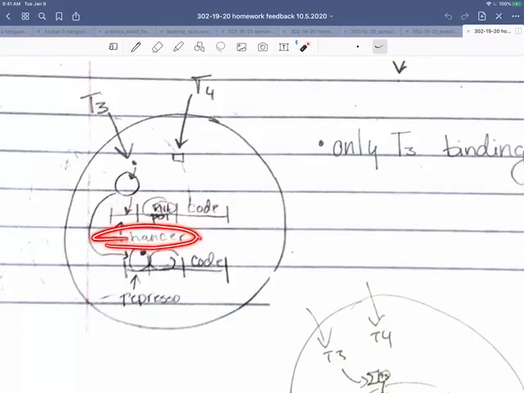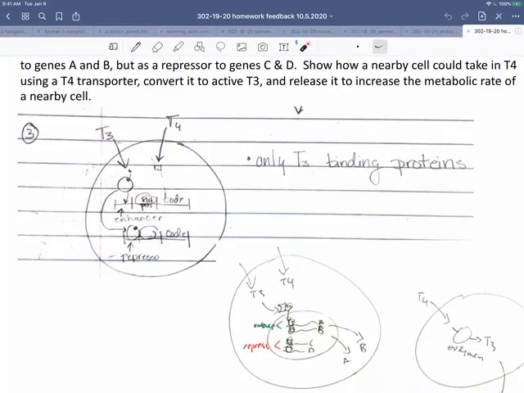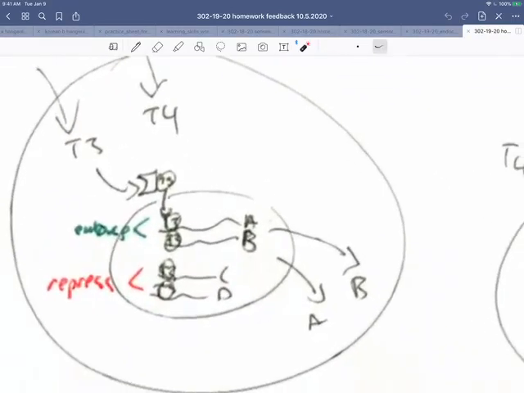In this case, it's an enhancer for two genes, and so we get the messenger RNA as RNA polymerase moves along, and we get transcription, and it's a repressor for the two other genes. This person just showed one of each. Here is another example, T3 coming in, again through a transporter, binding to the thyroid hormone receptor.